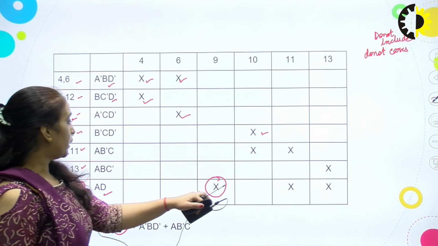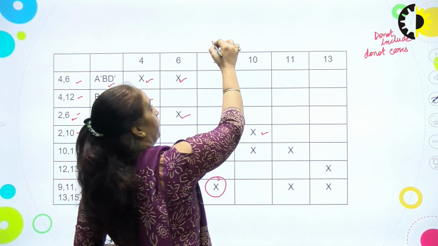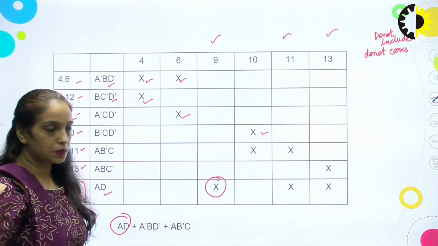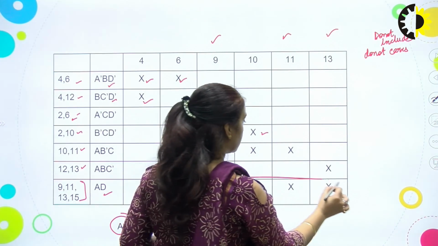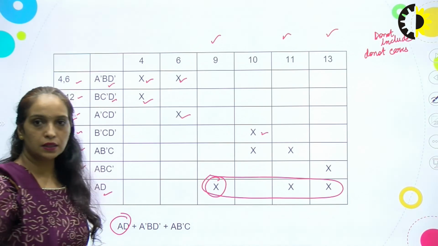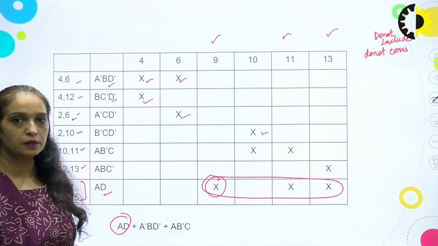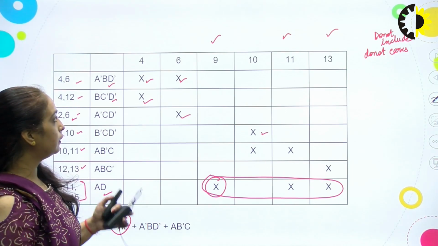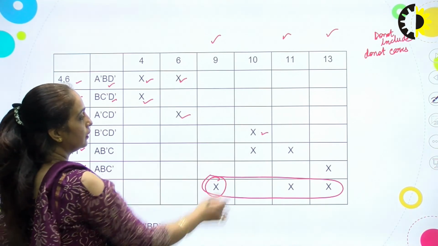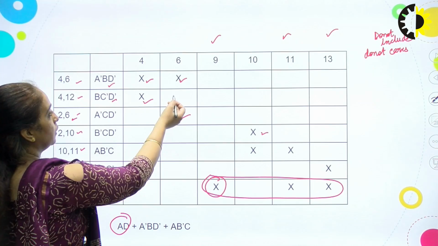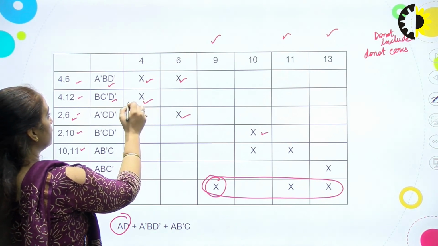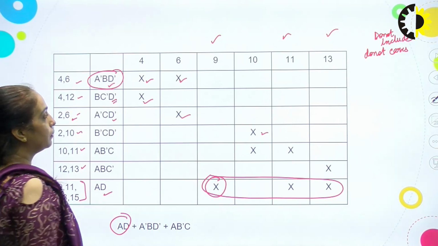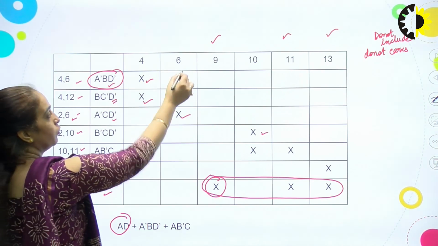Now, to write this AD, terms 9, 11 and 13 are already used. So, this pair is already done, and 9, 11 and 13 terms are already done. Now, I have to include 4, 6 and 10. For 4 and 6, 4 is in this and 6 is in this, but this pair A bar, B, D bar includes both 4 and 6.